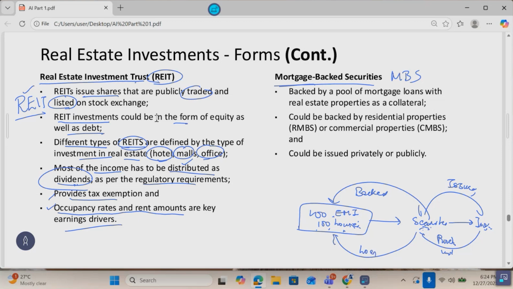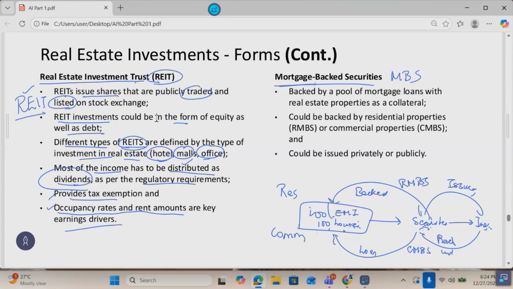This is how mortgage-backed securities work. Based on the pool of mortgages, the securities are issued to the investors. And like I said, these mortgages could be residential or commercial. If they are residential, then I'll issue RMBS. If they're commercial, then I'll issue CMBS.